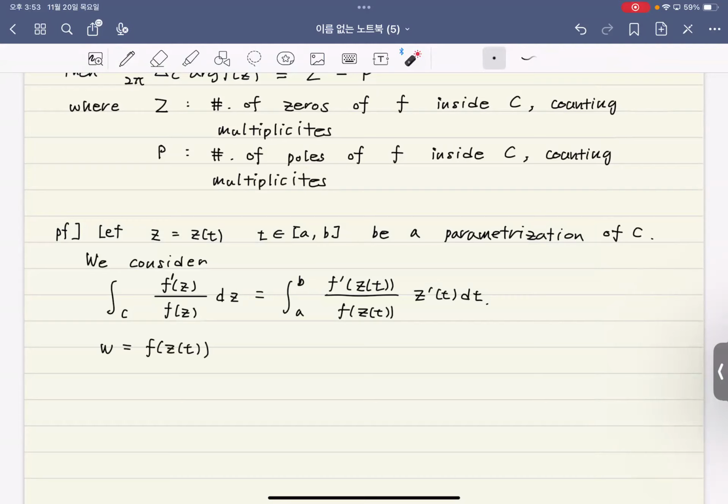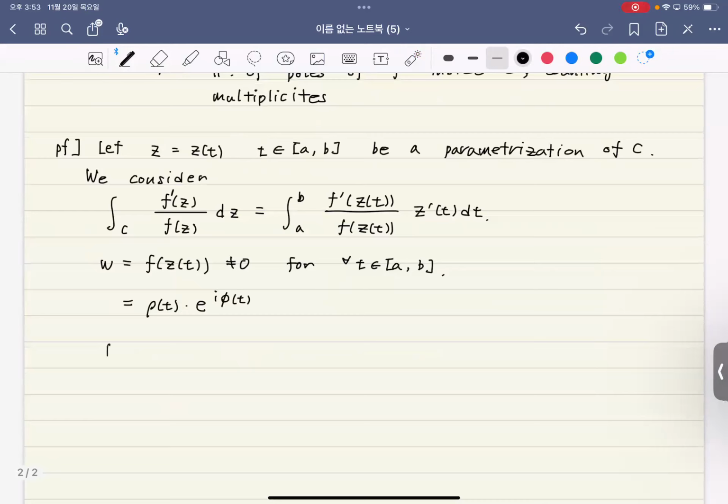And this is the curve. So this is the image of this curve. And we assume that this guy is never zero for all t. So therefore, it is okay to write this guy as rho of t times e to the i phi of t. So we are writing this guy in the polar form.